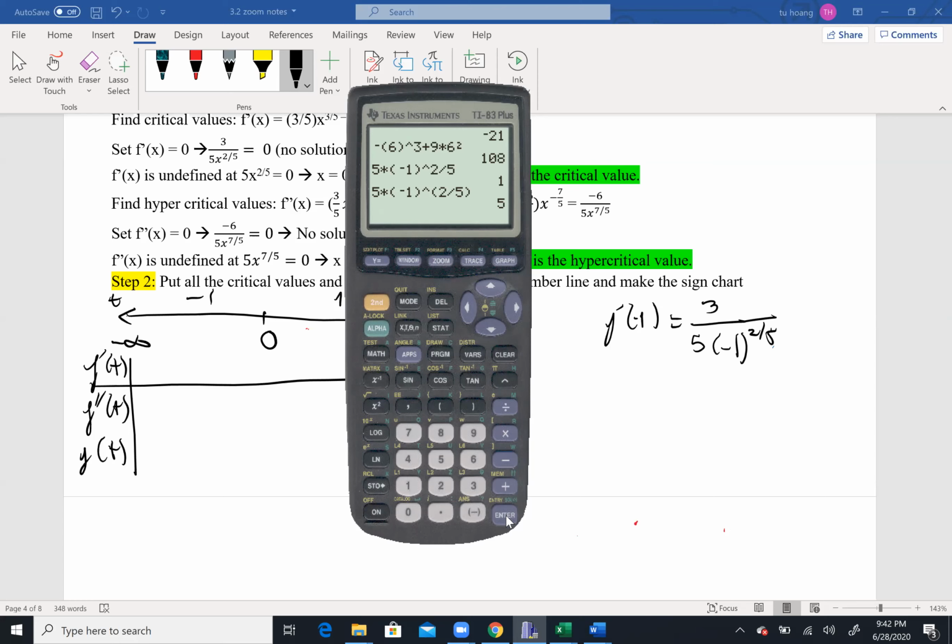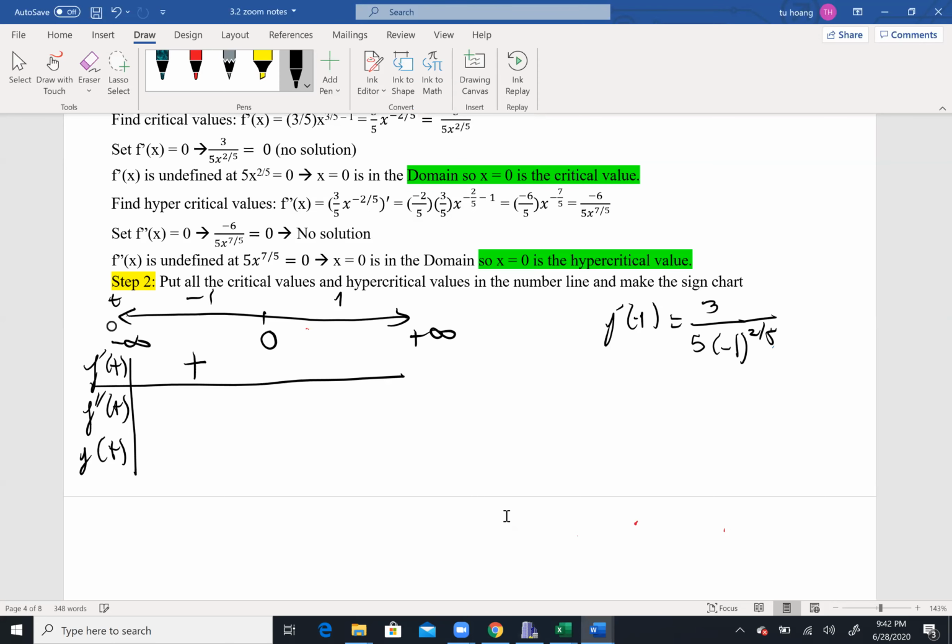That makes more sense. Okay, that makes us 5. At the bottom, we have 3/5. So that's supposed to be positive. So I have positive here.